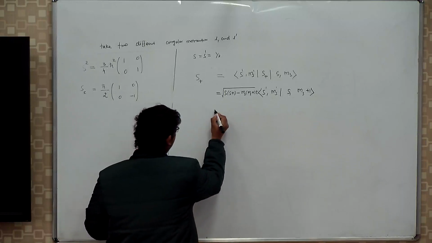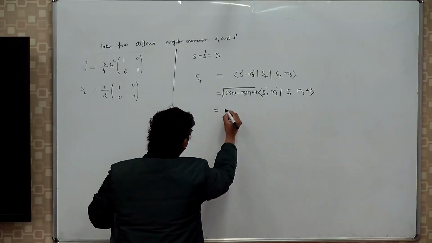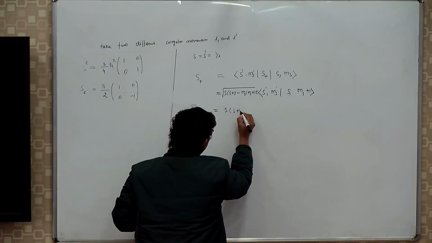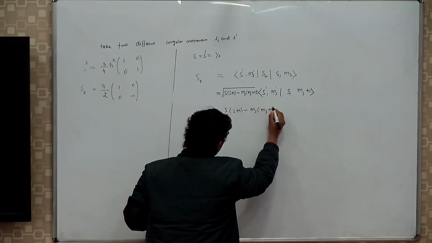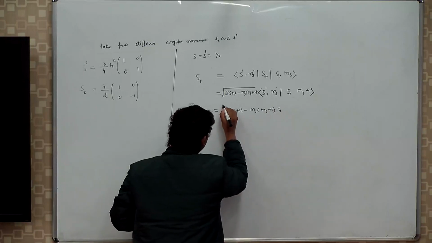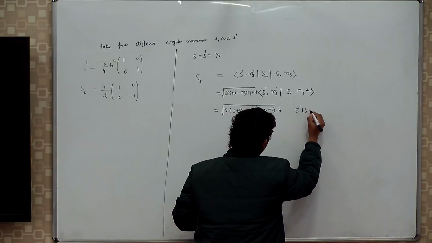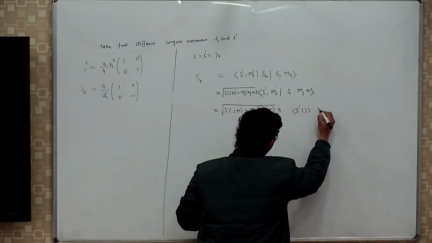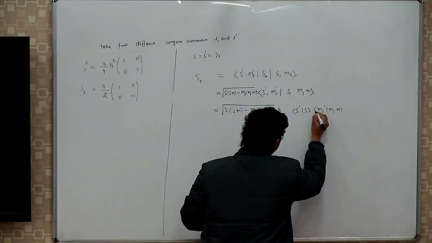Then the square root of s(s+1) minus m_s(m_s+1) h cross, delta s dash s, and m_s dash, m_s plus 1.